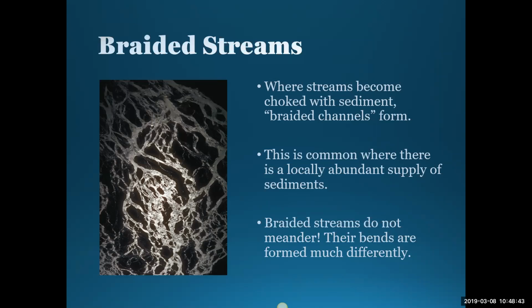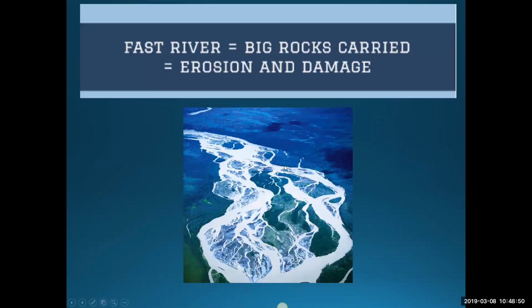It's not like that. Braided streams are dynamic. They change constantly. Braided streams are fast. They have a lot of sediment. They carry big rocks. So they're more damaging typically than meandering streams.